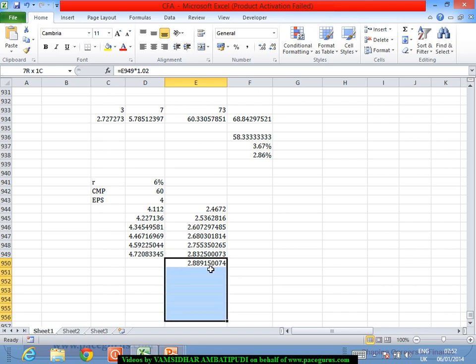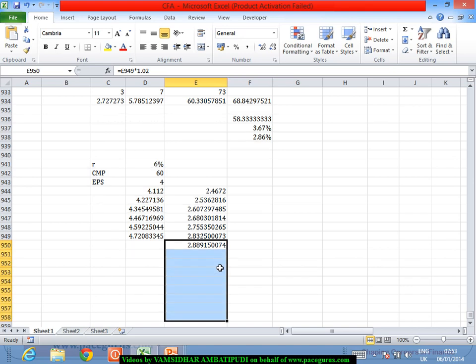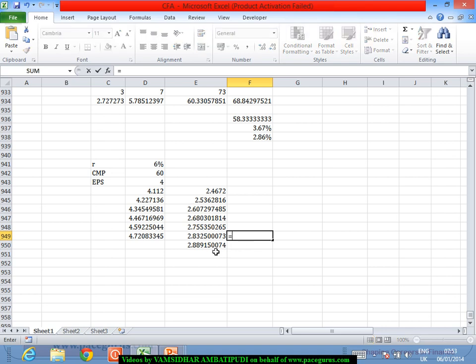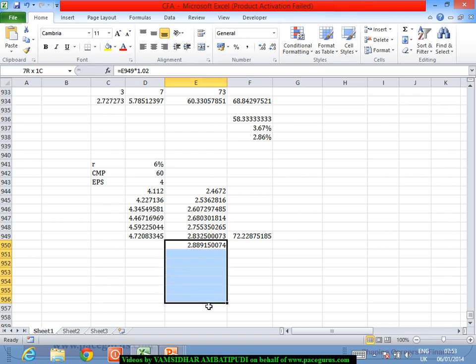This is a constant growth, so I can find out the present value of all these using the Gordon growth model: D1 divided by R minus G, 6% minus 2%. It is coming out as 72.